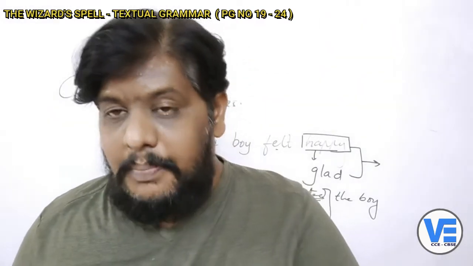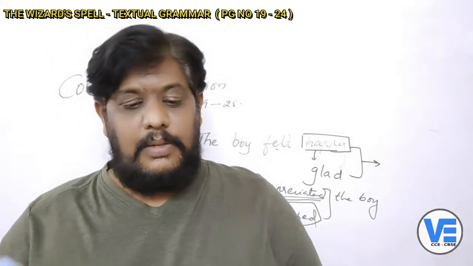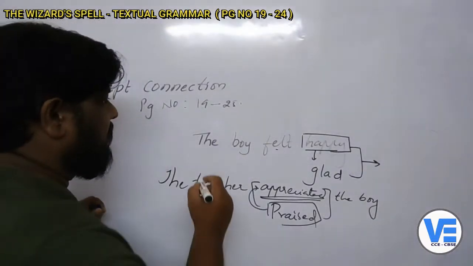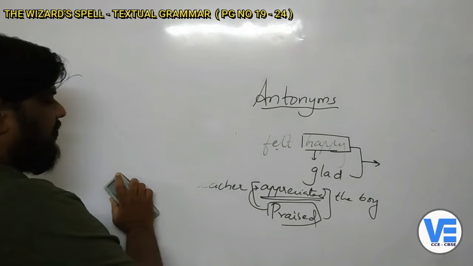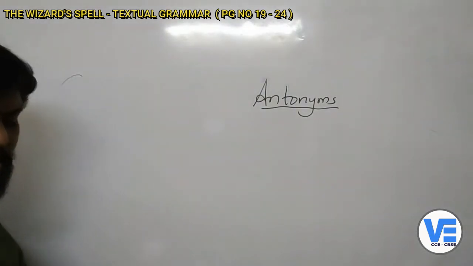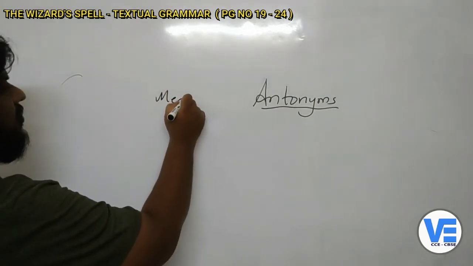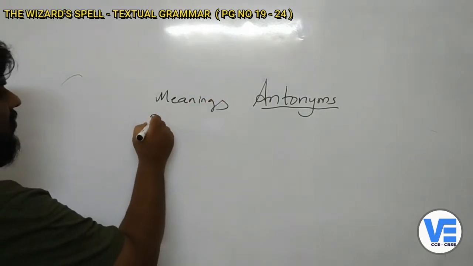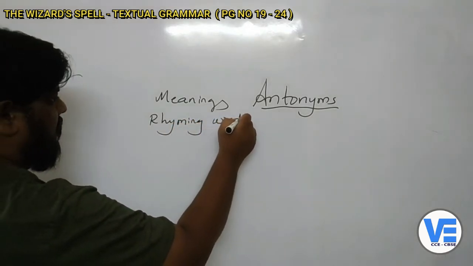Now come to page number 19. We are already running short of time. Coming to page number 19, there is another word called antonyms. So what are antonyms? In the English language, we always talk about meanings. There are 3 very common words we hear. One is meanings. Second, if it is a poem, we see rhyming words.